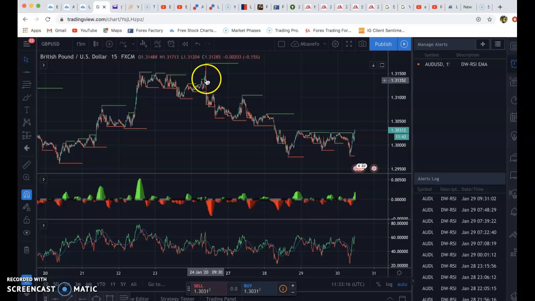We see higher high, but then lower lows, and then higher highs, and around here it's a little bit of consolidation, if I say so.